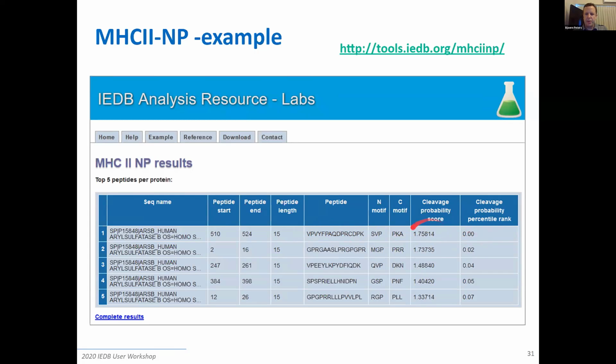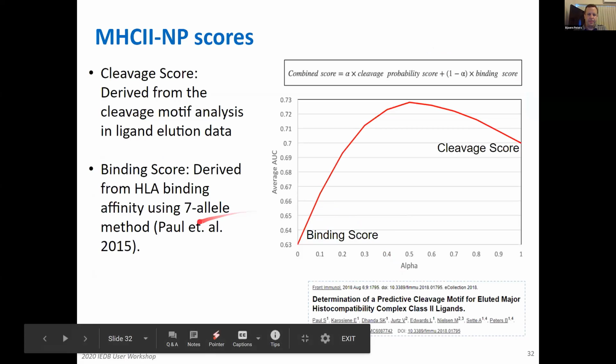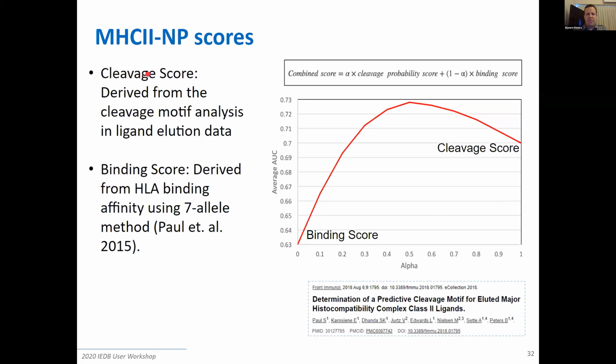So you're getting a cleavage probability score from this, and then these can be ranked, as we always do, against random peptides, and you can get the complete results here that break these down. So when we did this analysis, what we found is we can really get a lot better than just binding predictions by incorporating this cleavage probability score for MHC class 2 naturally processed ligands.